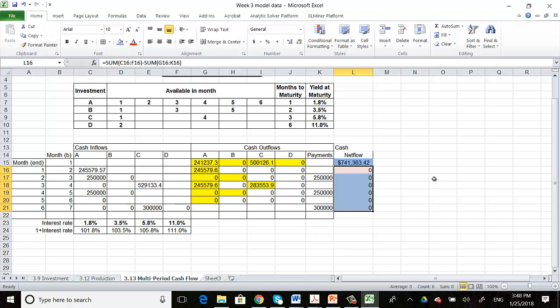So, can I have your attention, please? We do have a problem showing on Anna's computer. What she said is the error message: the linearity conditions required by Solver are not satisfied. Sometimes you will have this error message.